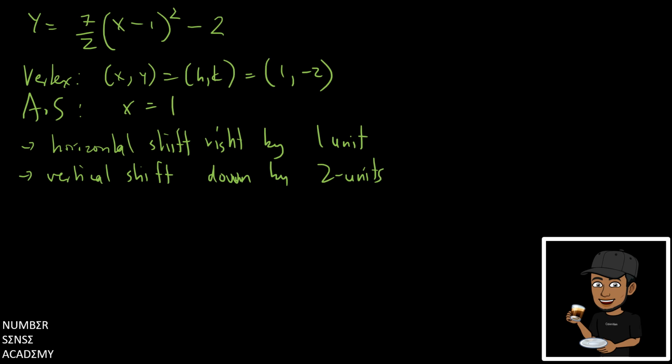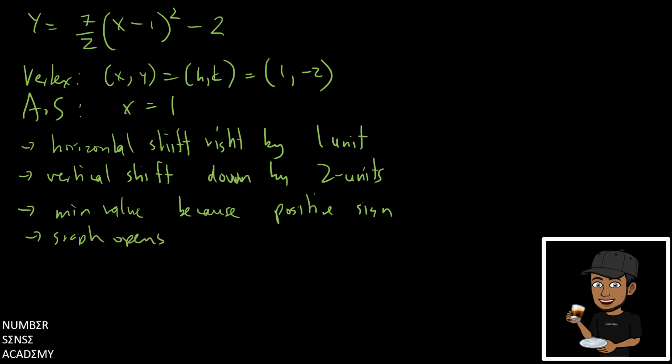All right. We have a minimum value because the sign in front is positive. And that also tells me that the graph opens upward.